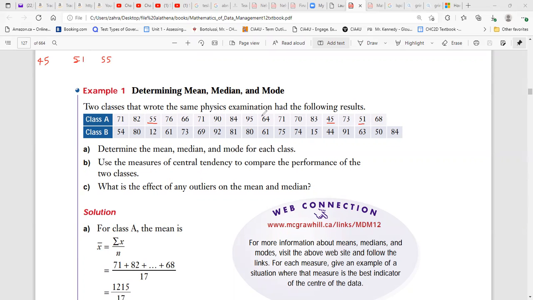After 50, we don't have any other 50. Going to 60, there is 66 here and 64 and 68. So 64 first, 64, then 66, then 68.